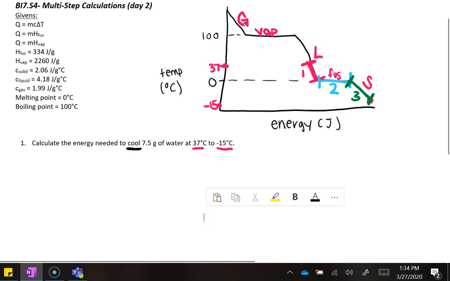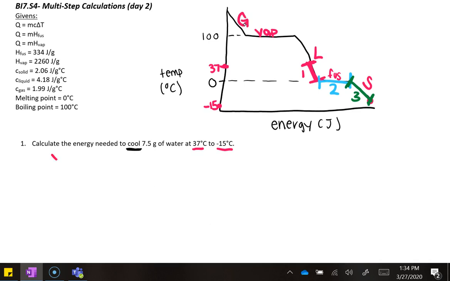So let's start with Q1, my first segment. First thing we need to do is pick out our equation. So segment 1 has a temperature change. Anytime we have a temperature change, we want to use MCAT. Q is equal to MC delta T. The mass of water is 7.5 grams.